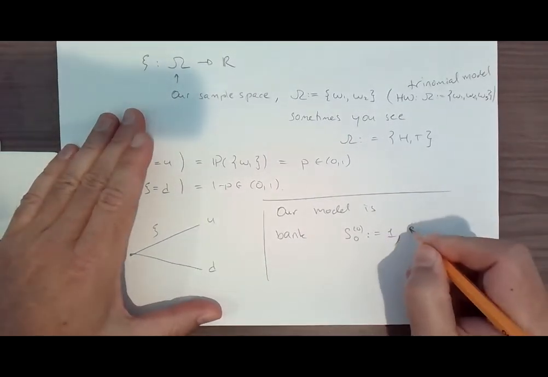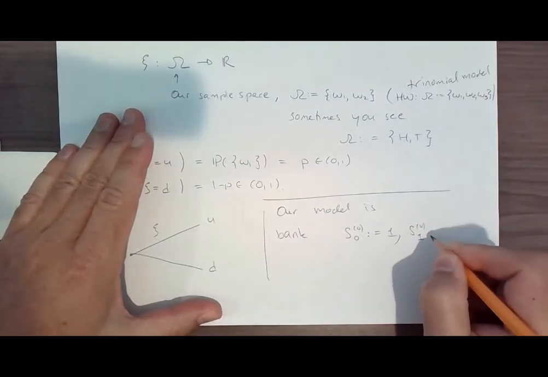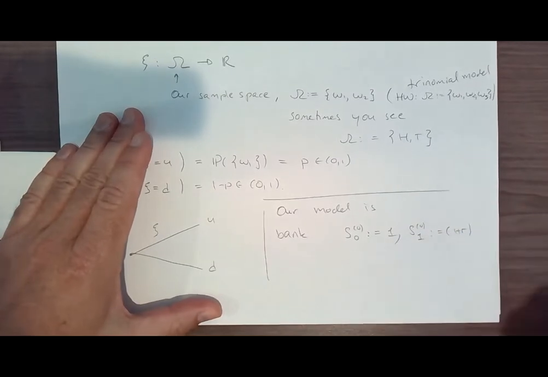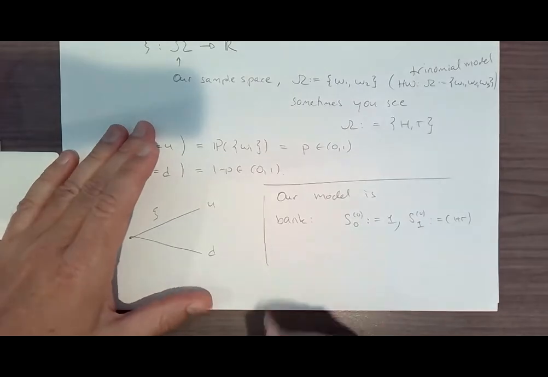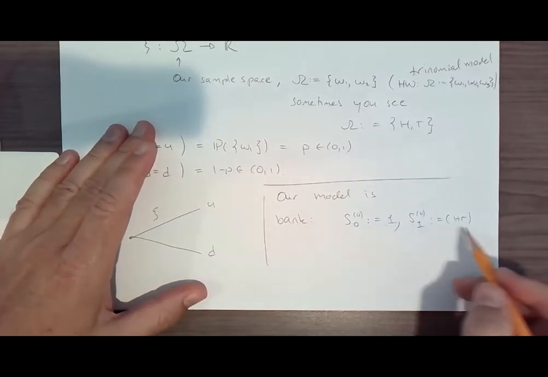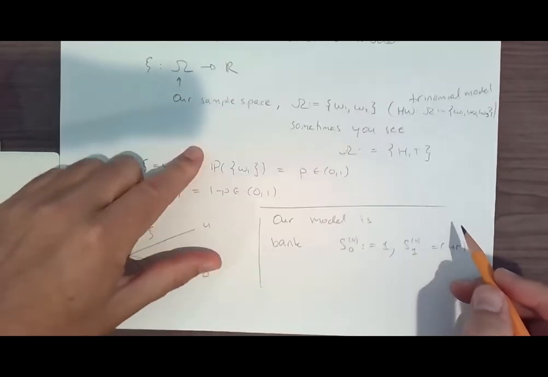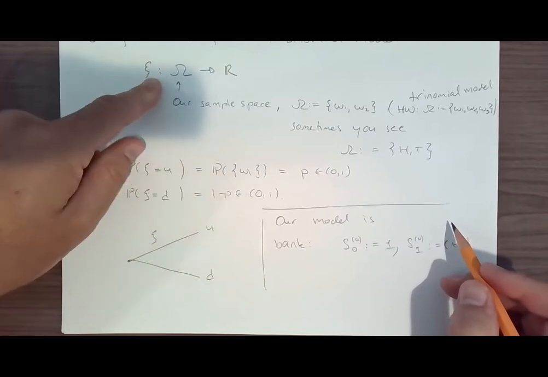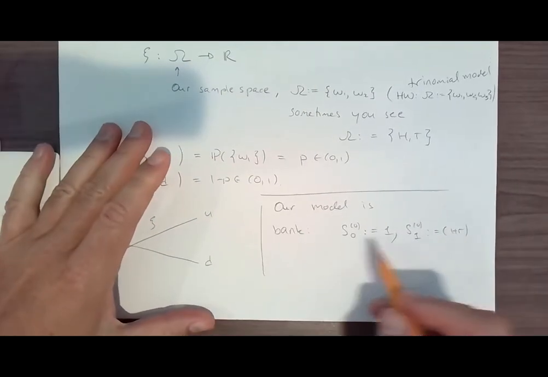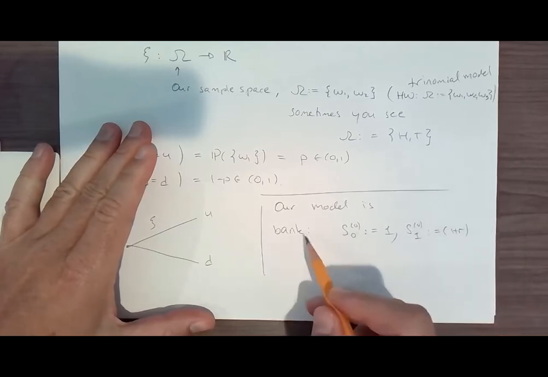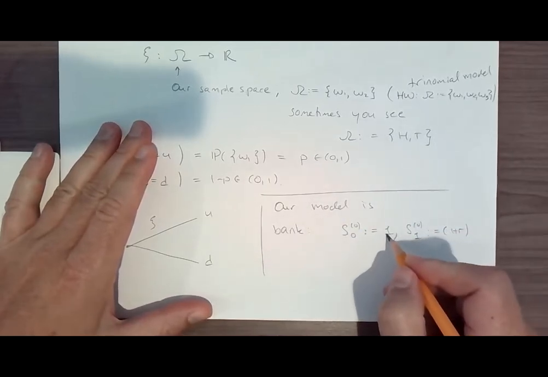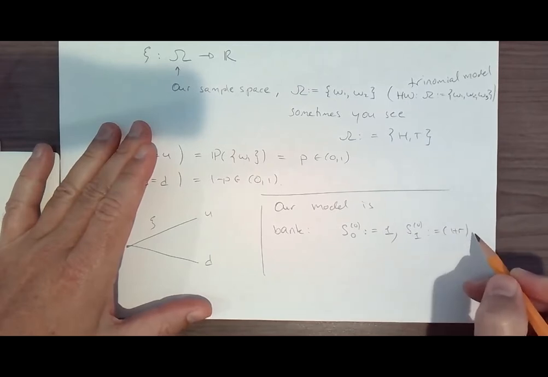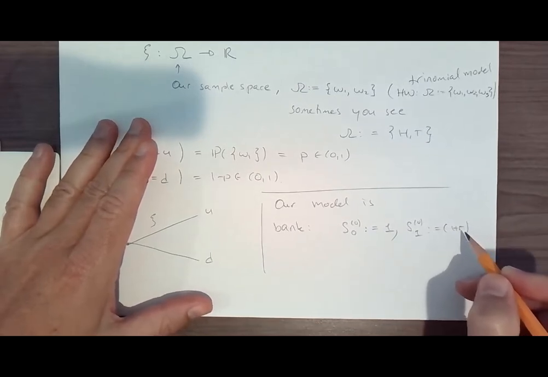The value of the bank at time 1 is going to be 1 plus R. There's no randomness here. That random variable psi that generates all the randomness is nowhere to be found in the description of the bank. It starts out being 1 and it ends up being 1 plus R, where R is a constant.